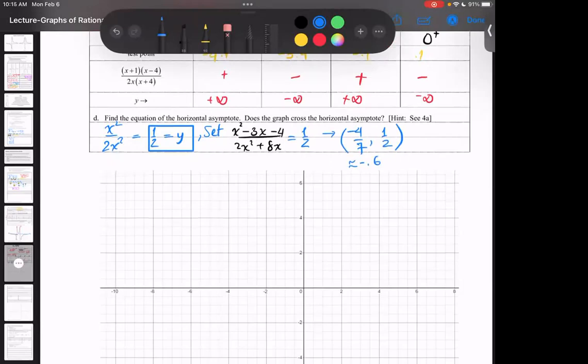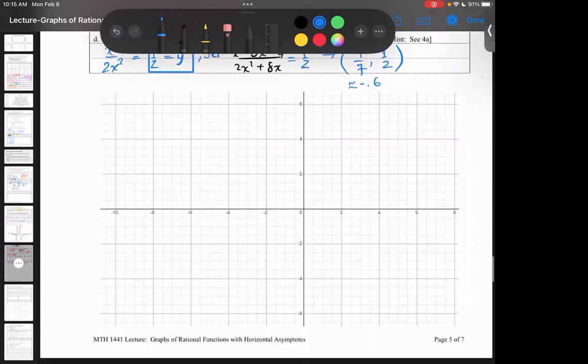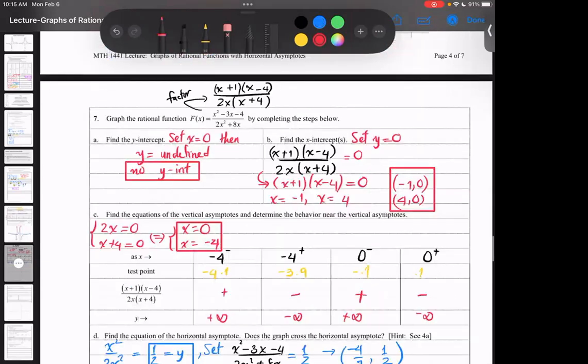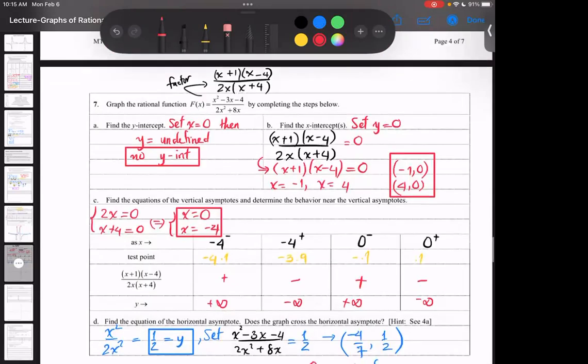All right, you've done all the bookkeeping. Now you plot them in the graph. Plot the easy ones first. The table will be your last. No y-intercept, but we have x-intercepts. So negative 1 and 4. And now your vertical asymptotes. X equals 0, x equals negative 4. X equals 0 is the y-axis. -4 or 4? -4.